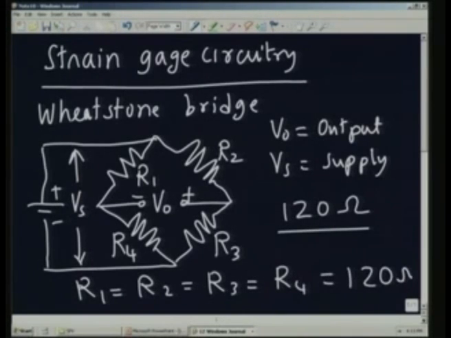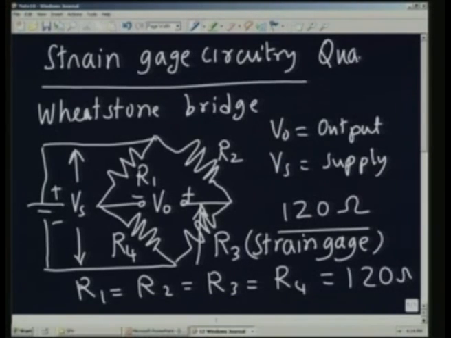It will be in balance to start with, and what I will do is identify R3 as the variable resistance, which is the strain gauge. So, one of the resistances has been replaced by the strain gauge, and this is called a quarter bridge arrangement. Quarter bridge because 1/4 of the bridge consists of a variable resistance.